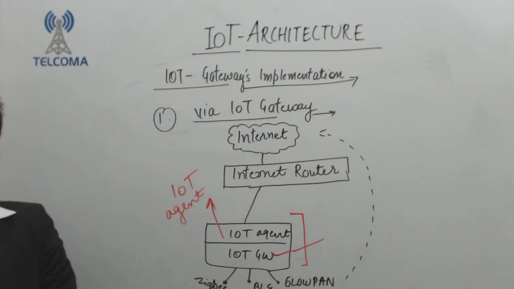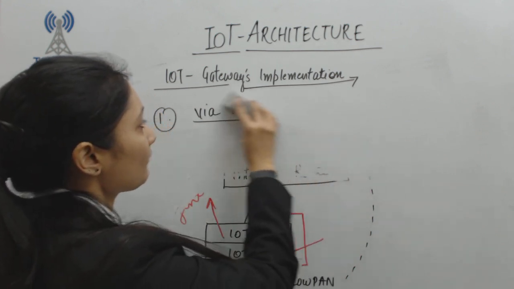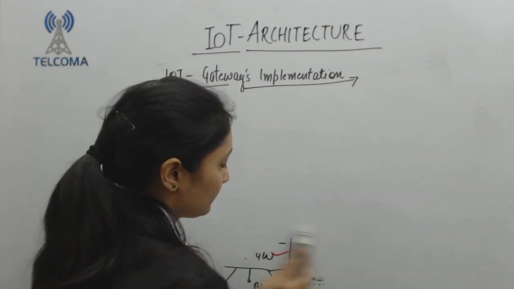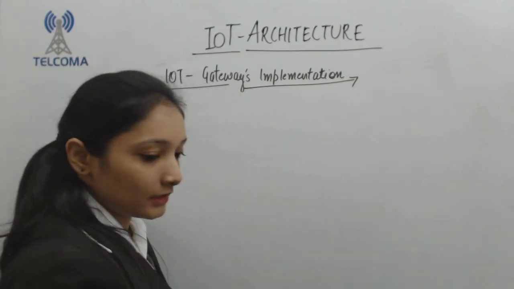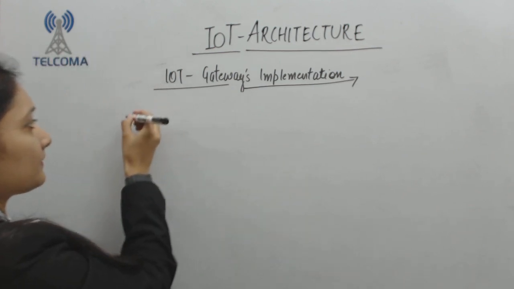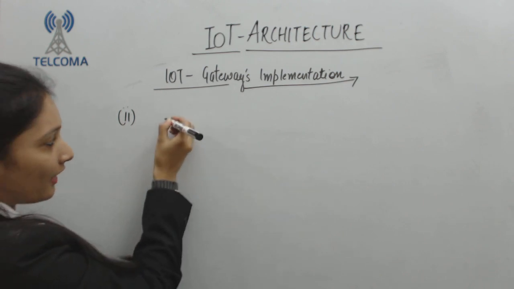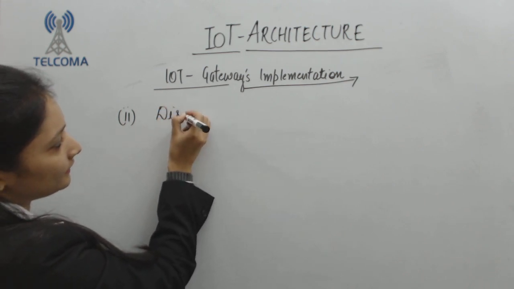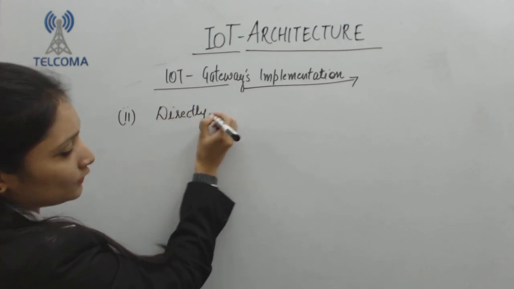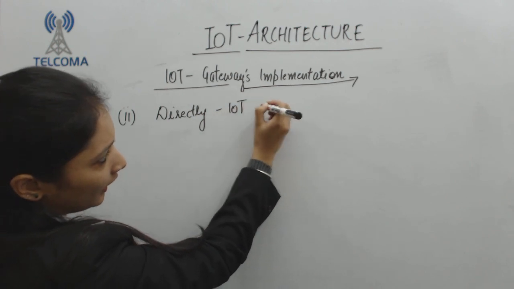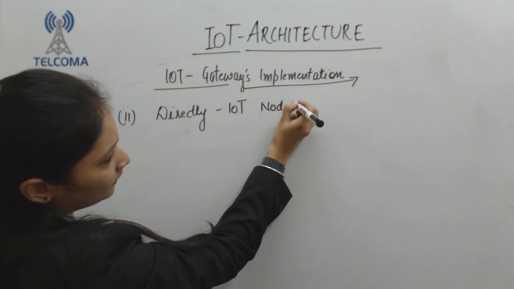Now another deployment scenario is the direct one. Here you have an intermediary, and above that, directly connected IoT nodes.